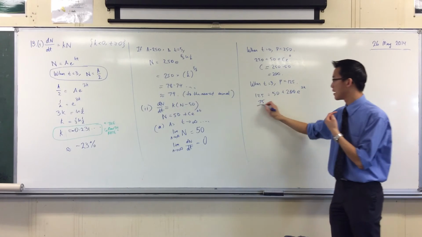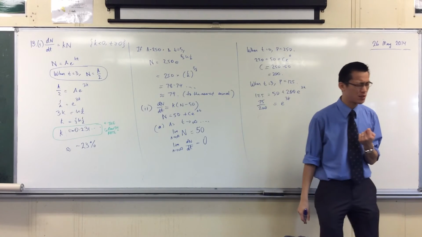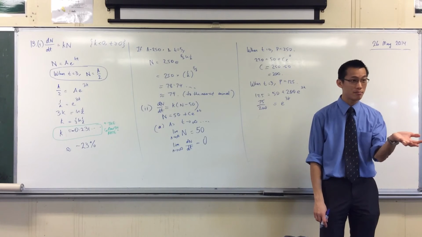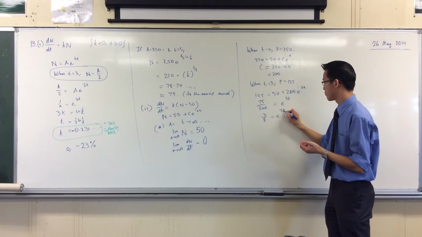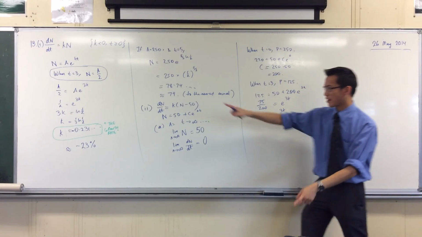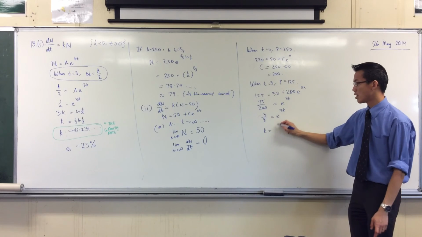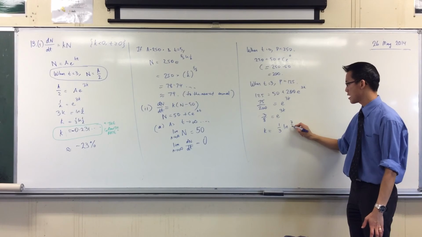I might as well divide by 200 while I'm at it. 75 and 200. Take out 25. 25. 3 over 8. So now, skipping a couple of steps because you can see what's going to happen here, I'm going to get a value of k equals, let's see, a third still log 3 on 8.